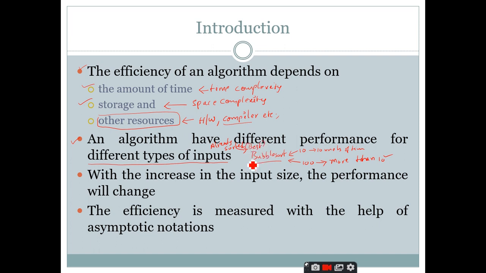Super. So what might be the worst case? If the elements are in reverse order, for example, you want to sort the list of elements using bubble sort in increasing order, but you have given the list of elements in the reverse order, that means in decreasing order. So that is considered to be the worst case, right? So if the input is already sorted, it is considered the best case, and if the input is in the reverse order, it is considered the worst case.